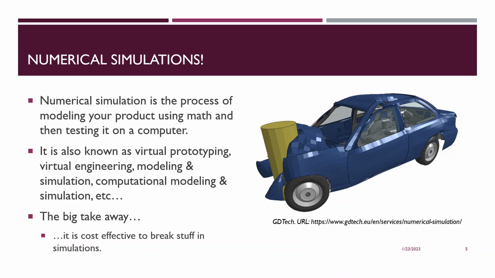We'll eventually do that physically, but it's so much cheaper to do a virtual prototype, using the computational technology we have today to model out the new hood and then simulate it over time, crashing into a structure. It's a lot more cost effective.